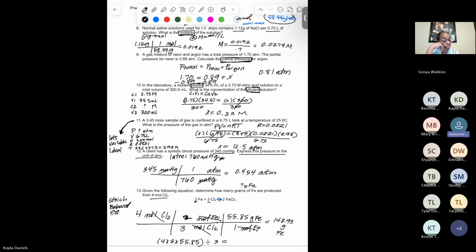Okay. For 13, I got 1.488 times 10 to the second power. Maybe I typed something wrong, unless I did it wrong. Oh, I bet your calculator is still in scientific mode.